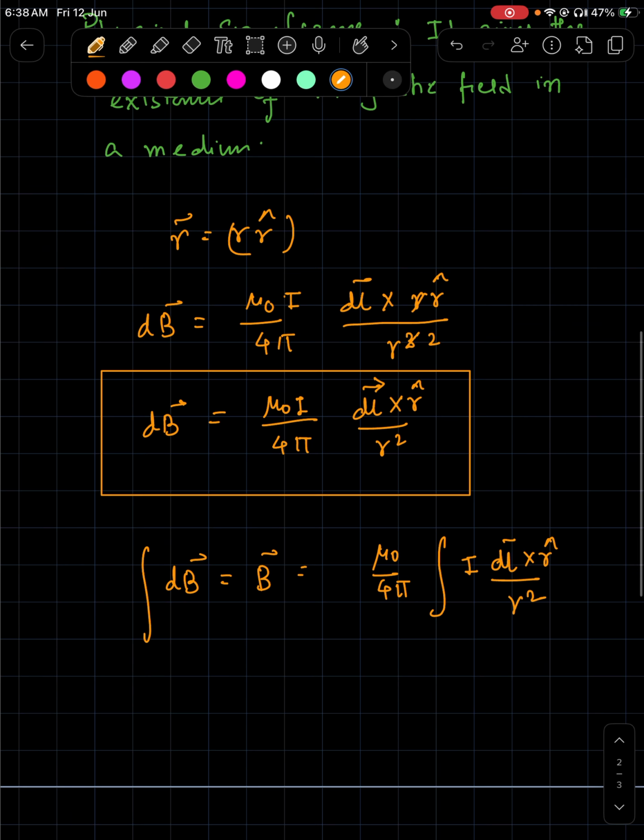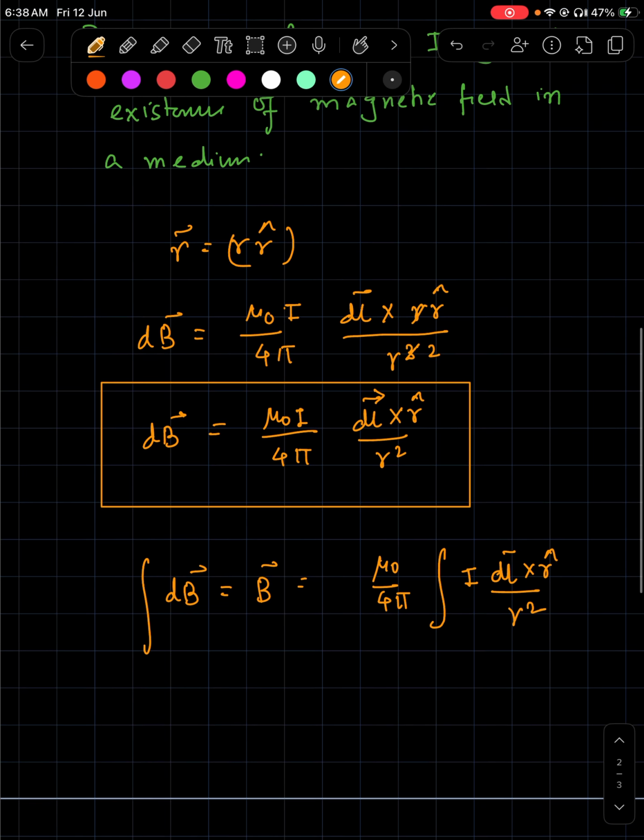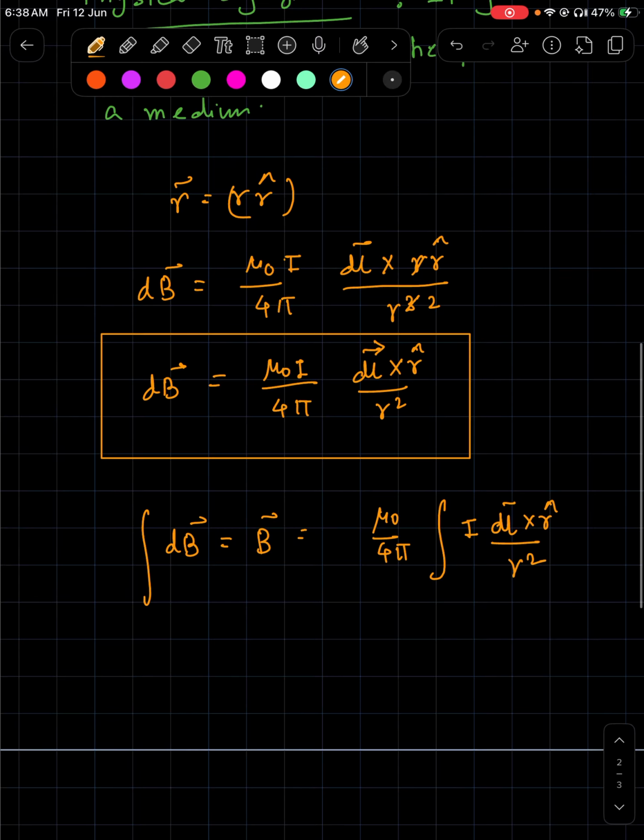Since I is uniform, in the next step I can bring I outside the integration. But if I is not uniform along the wire, we cannot bring I outside the integration, because I varies with the length of the wire. So generally in 99 percent of cases, we will take I uniform. That's why I am taking I outside the integration, because I is constant here.